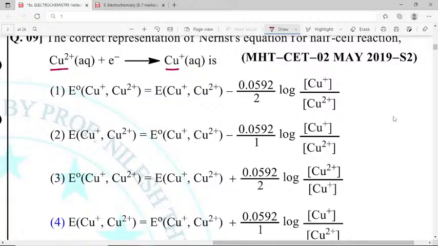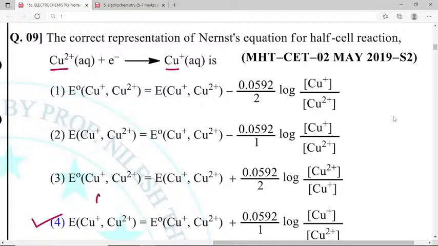The copper 1+ should be the product, so it is product divided by reactant, with 0.0592. Written on the opposite side, it is Cu2+ by Cu+. So the reaction should be written this way.